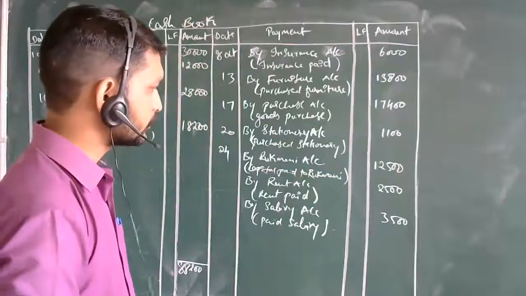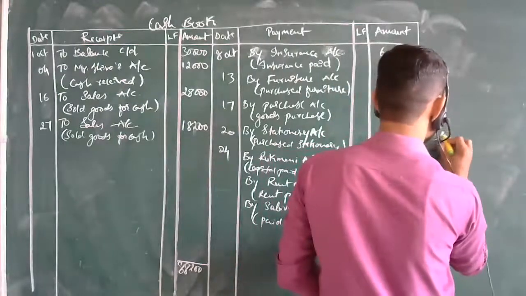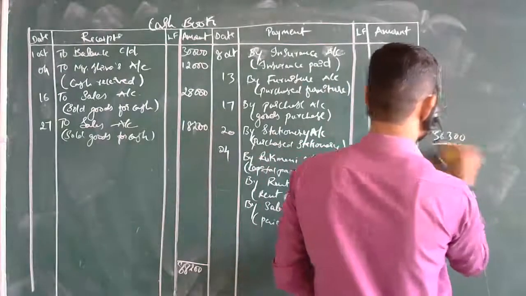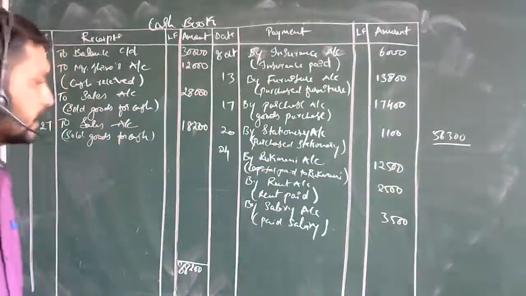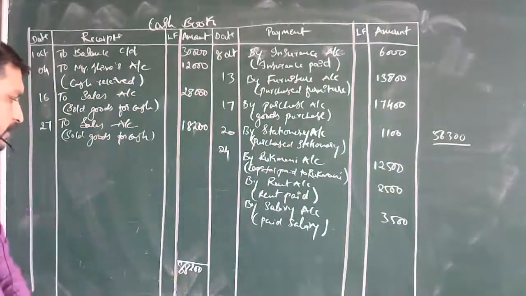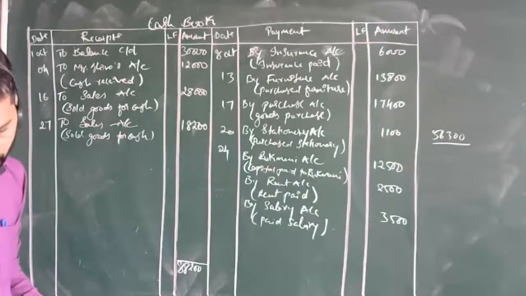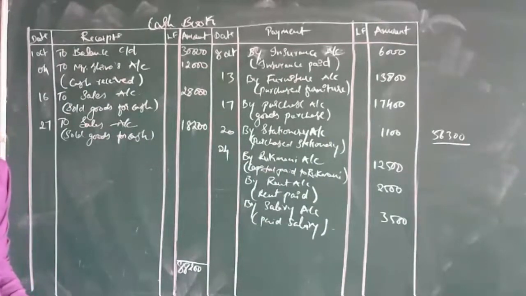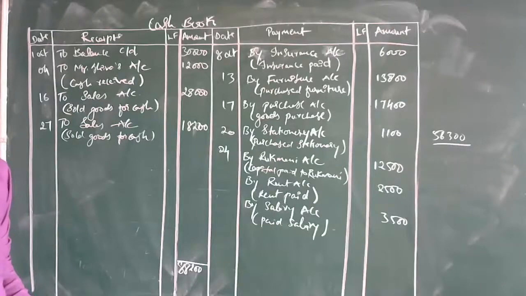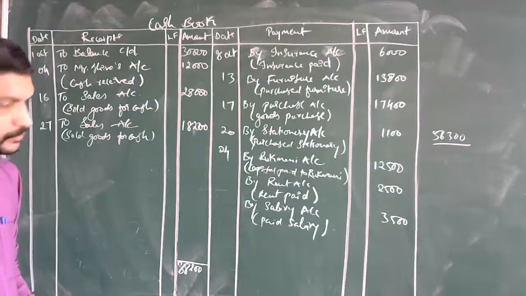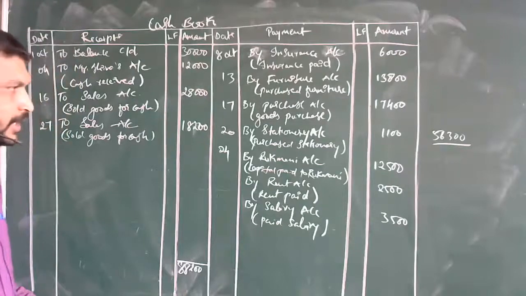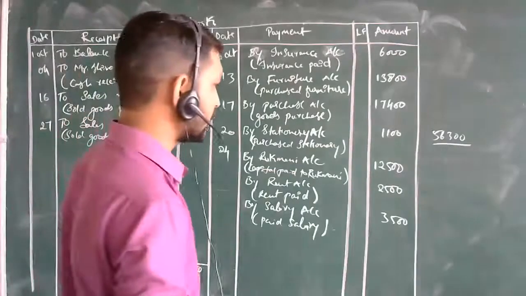Sir, I think 56,300 total. Then if you reduce this from 88,500, what will be the remaining value? Check it fast.